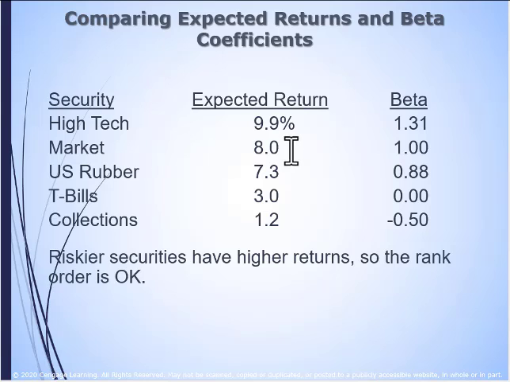The stock market, again 8%, has a beta of 1. T-bills, expected return 3%, have a beta of 0. Collectibles earn 1.2%, but actually have a negative beta. So it appears riskier securities have higher returns. This rank order seems to be okay.